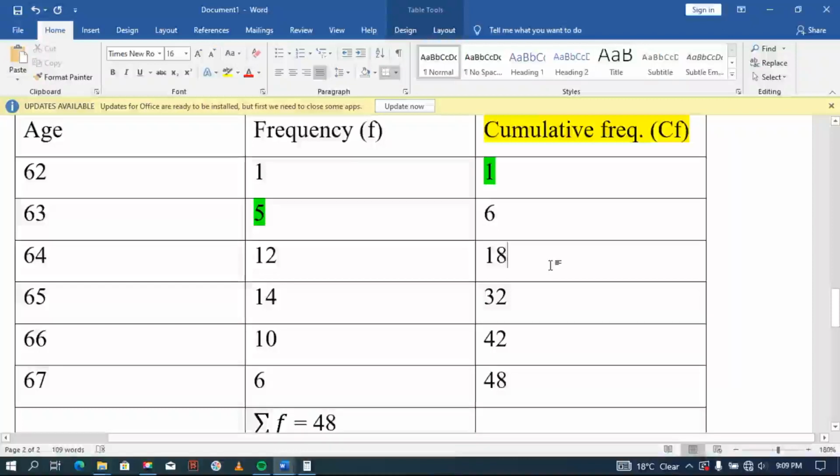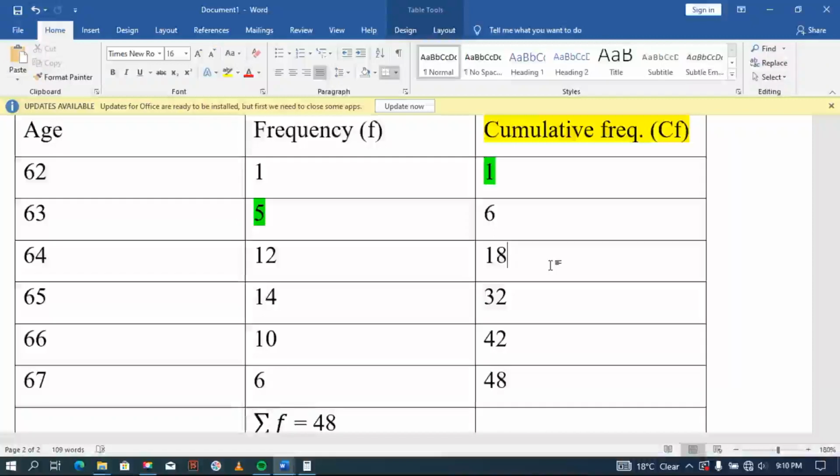However, in most cases, you may not find the exact value equal to the median position. That's why the statement says find the value equal or just greater than the median position. Our median position, or a half of n, is 24. If you find that 24 is not indicated in this column of cumulative frequency, then we take the cumulative frequency just greater than 24.